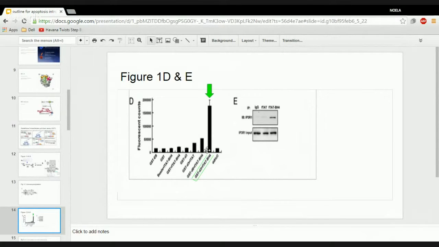In Figure 1D, they use pull-down assays to determine whether the BCL2 BH4 domain alone was sufficient to interact with the IP3 receptor. They use a fluorescently labeled fusion protein, TAT-BH4, to show that GST-IP3 receptor domain 3 was pulled down by BH4, but not the GST-IP3 receptor domain 6.